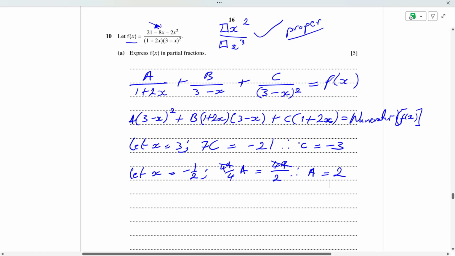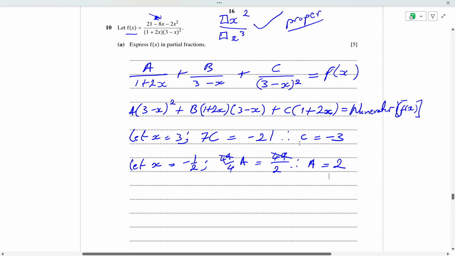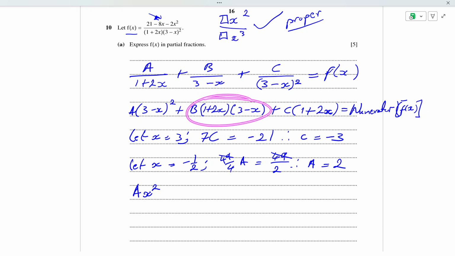Okay. Then for b, we're going to do a comparison of coefficients for the x squared term. If we were to expand this term here, at some point we would have a x squared, plus some other terms. And if we expand that one, we would have 2x multiplied by negative x multiplied by b.